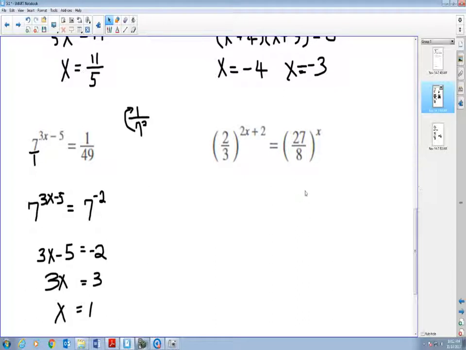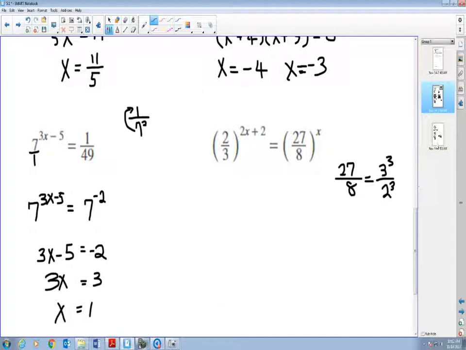Now this one, if you really think about it though, this is 2/3. This is as simple of a base as I can have. But this is 27 over 8. So 27 over 8 can be rewritten using a base 3 as 3 to the third over 8, which is 2 to the third.